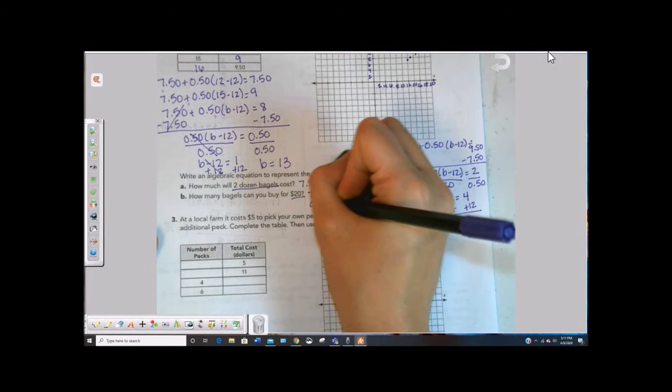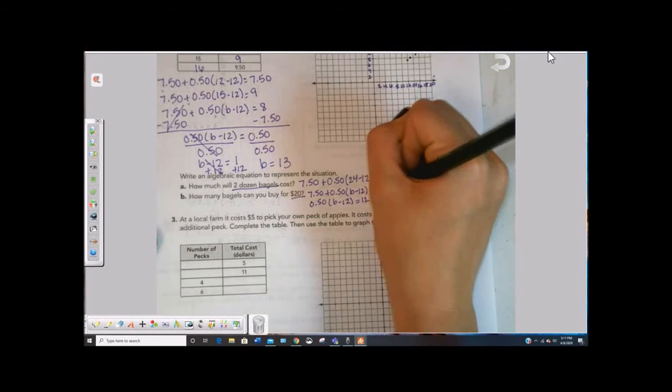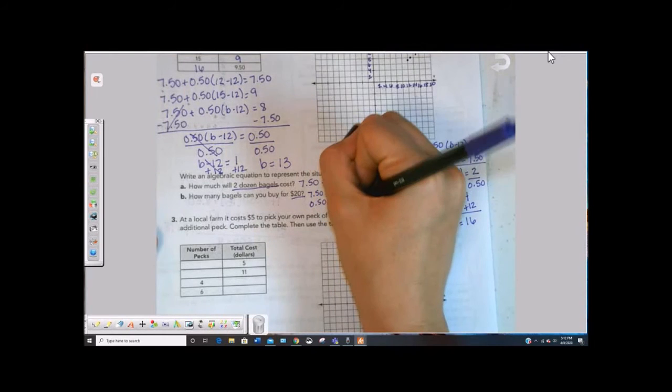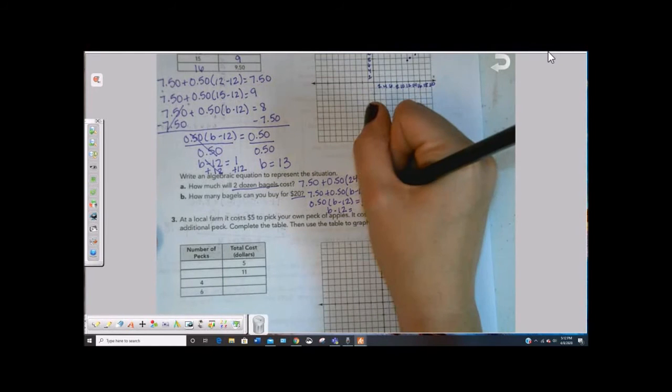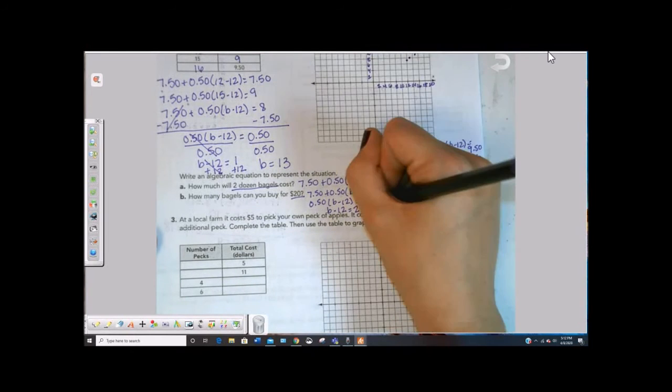When we subtract $7.50, you get $12.50. When you divide by 50 cents, you get 25. And when you add 12 to 25, you get 37 bagels.